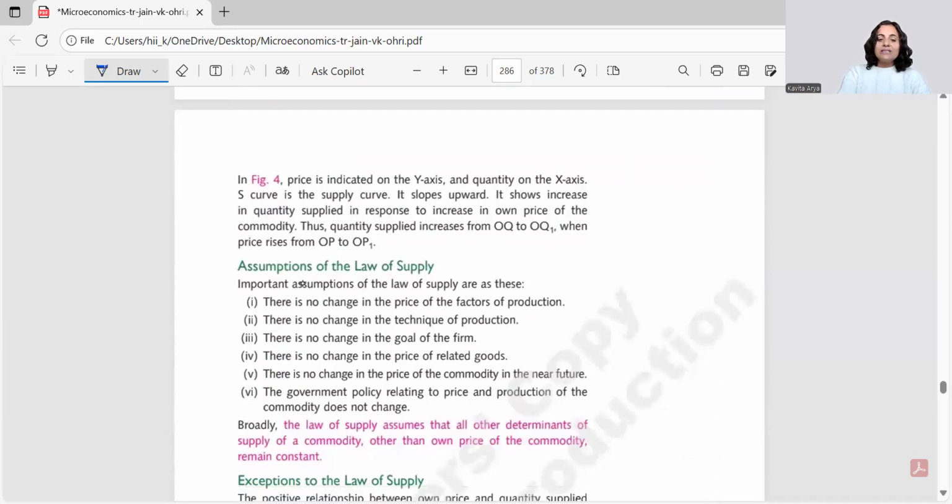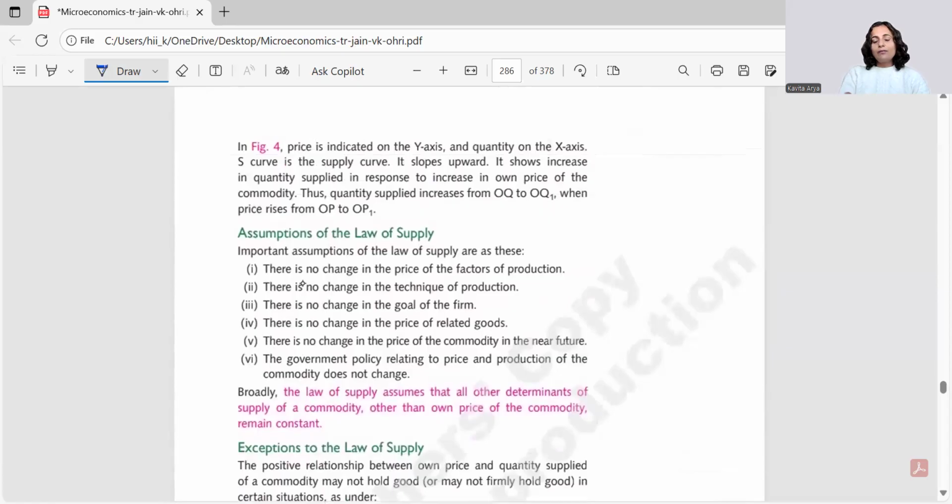And when you talk about assumptions, I want all of you to go back to the factors affecting supply. So supply of X is a function of the price of X, price of related goods, price of factors of production, the government policies, the goals of organization, the technology.